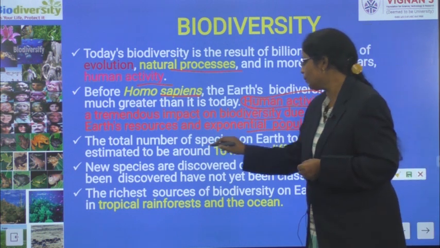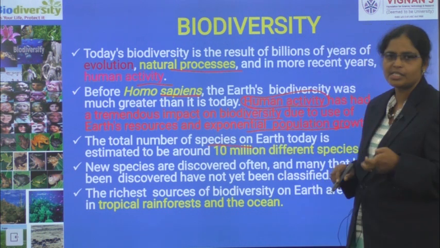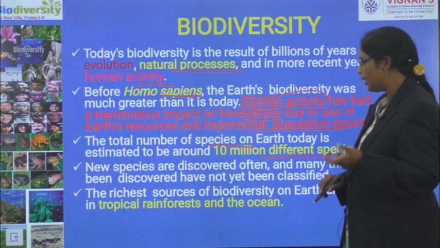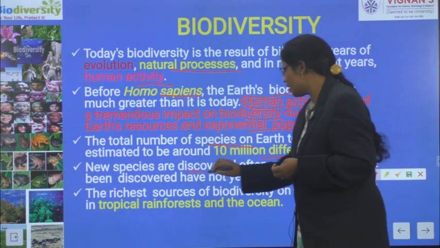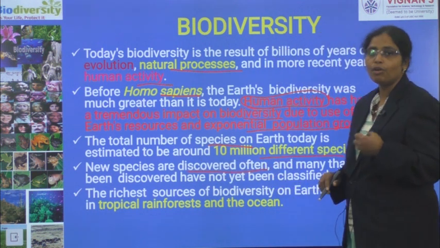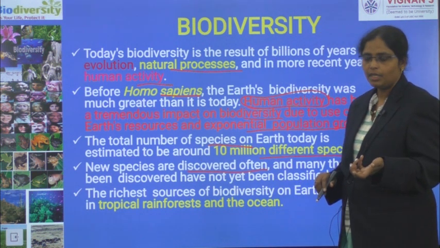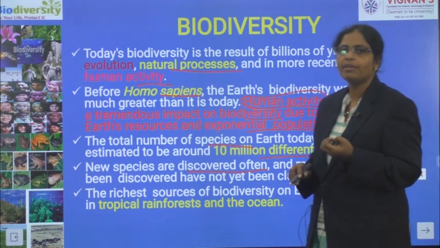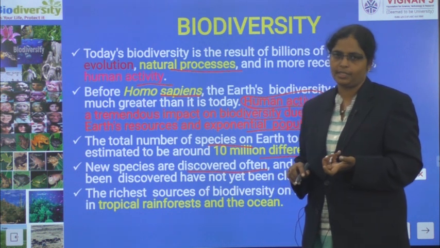The total number of species on the earth today is estimated at around 10 million different species, and new species are still being discovered. Many of these species are not yet discovered; out of these 10 million, so far we have discovered only 2%.